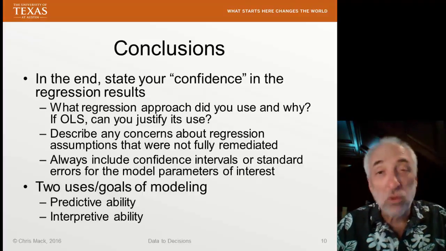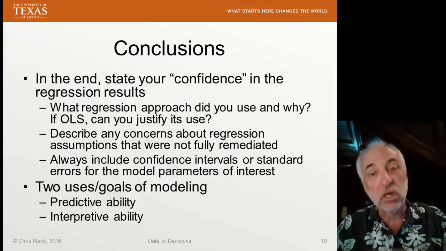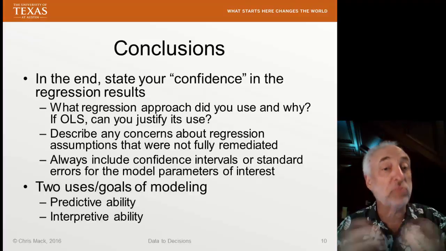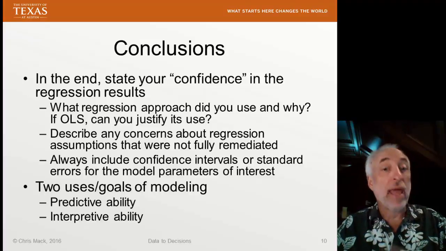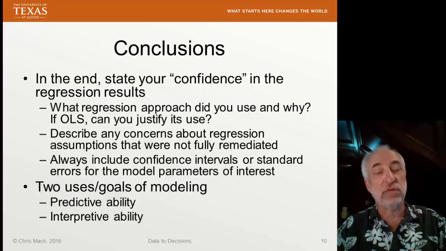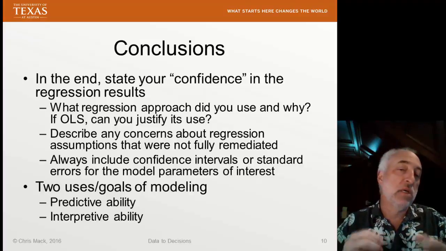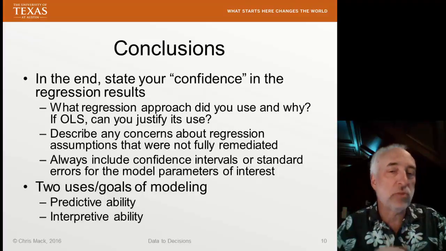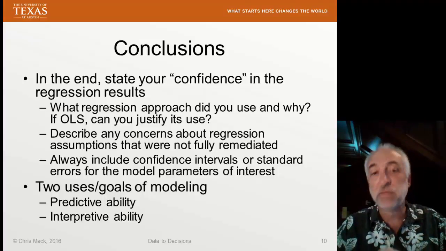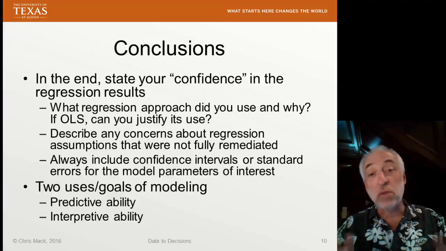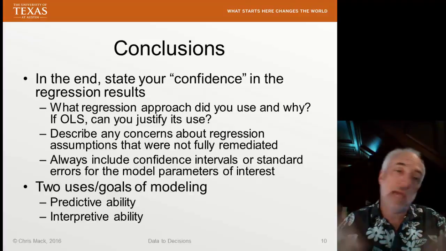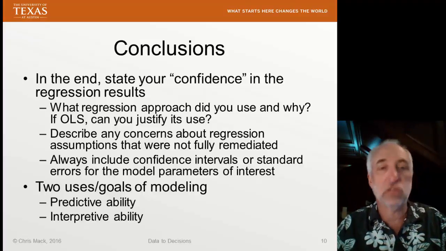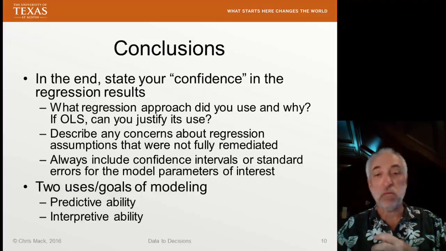There are two goals in doing this modeling. The two major reasons why we do regression modeling are to create a model with predictive ability or to create a model with interpretive ability. In predictive ability, our goal is to make predictions, and when we make predictions, we need to put confidence intervals around those predictions. Sometimes our goal is to use the model to interpret the world, to say, oh, look, this behavior really is linear, or this behavior really is logarithmic, or whatever it might be.